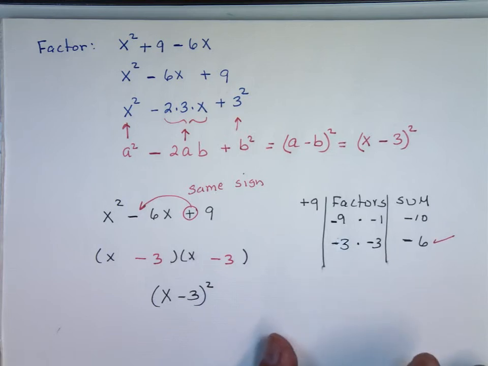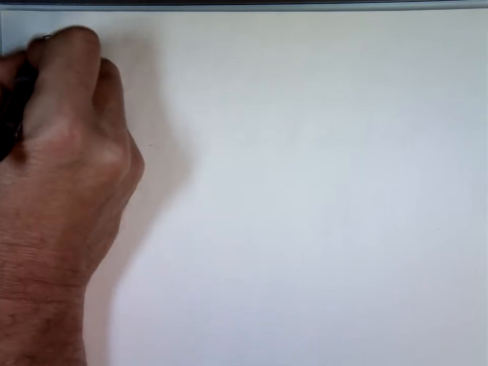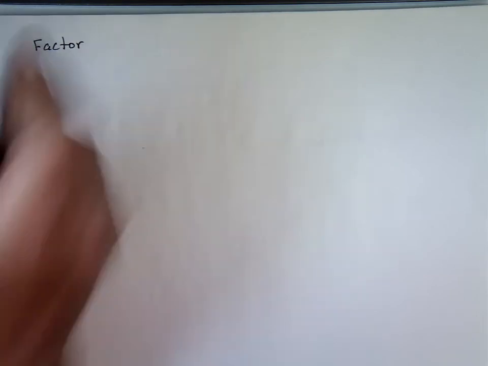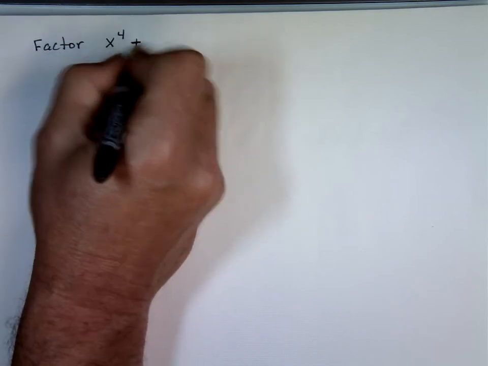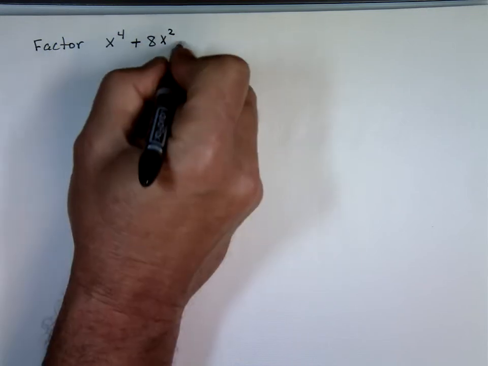Let's try another one. Factor x to the 4th plus 8x squared plus the 16.